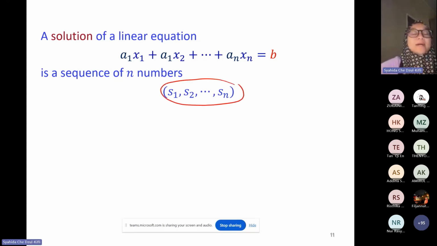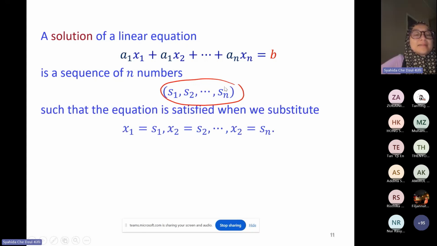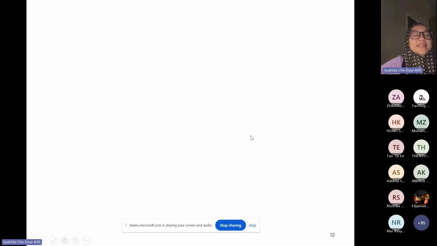I call it an n tuple point, or you may call it a sequence of n numbers, or a number with n components, such that this sequence of numbers satisfies this equation. That means when we substitute x1 equal to s1 up to xn equal to sn, the equation is satisfied.